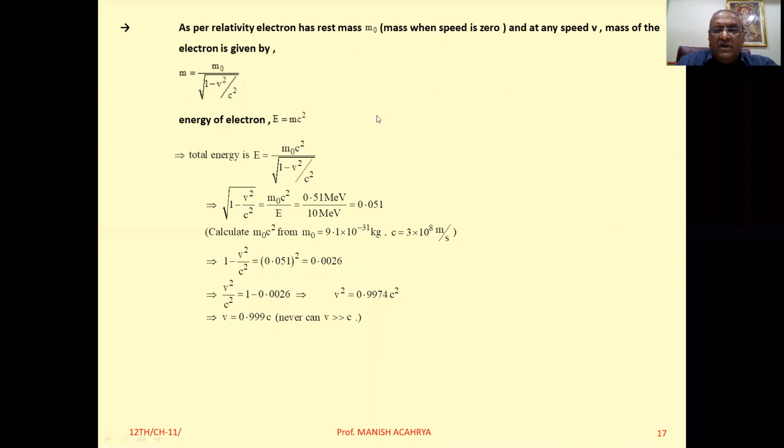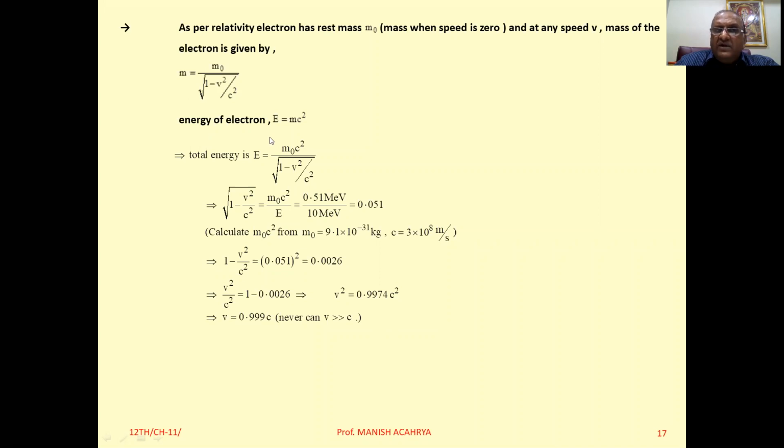In the theory of relativity, the mass of the electron is given by m equals m0 upon under root 1 minus v square by c square, where m0 is the rest mass of the electron. Rest mass implies the mass of the particle when its speed is 0, and when it is moving with speed v, which is of the order of the speed of light, then the mass is given by this particular equation.